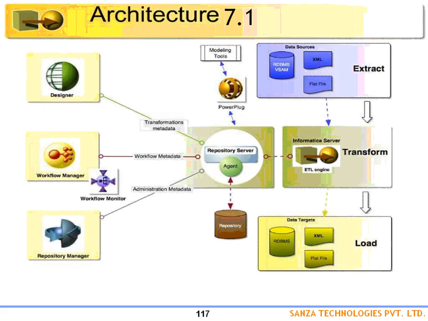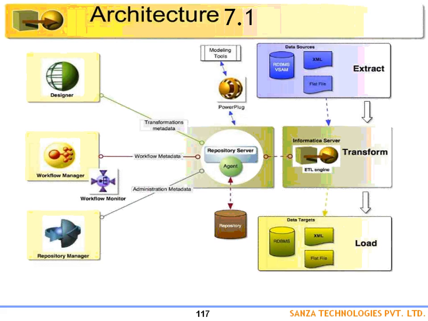Regarding the Power Plug and modeling tools which you see in this figure, Power Plug is a third-party tool. For example, your source tables or your target tables are not yet in the database, but in an Erwin tool or Rational Rose modeling tools, as they are called.